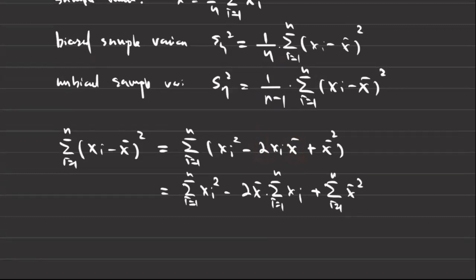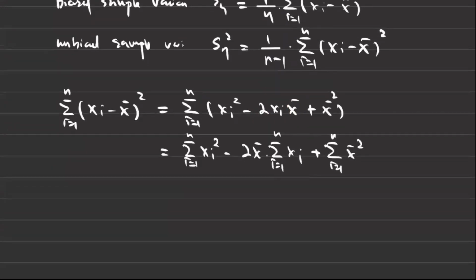So from here, you notice that this x bar doesn't really change by i. That's a running index. So this sum of n terms here is just n times x bar squared. So that gives us a little bit of a simplification. And the same term goes here. Then this term in the middle really just equals x bar n.